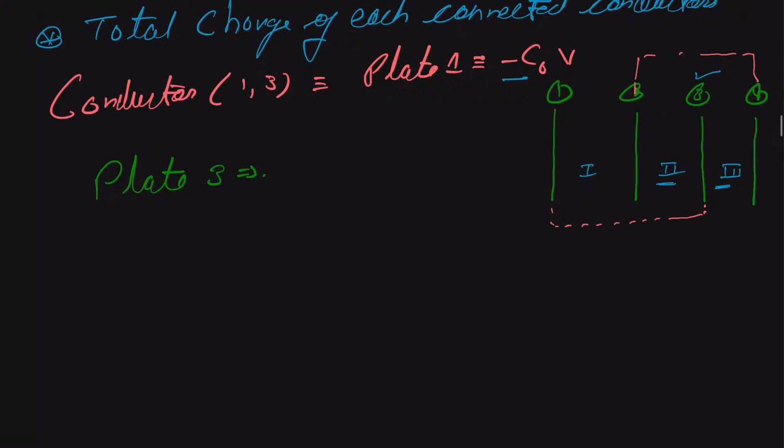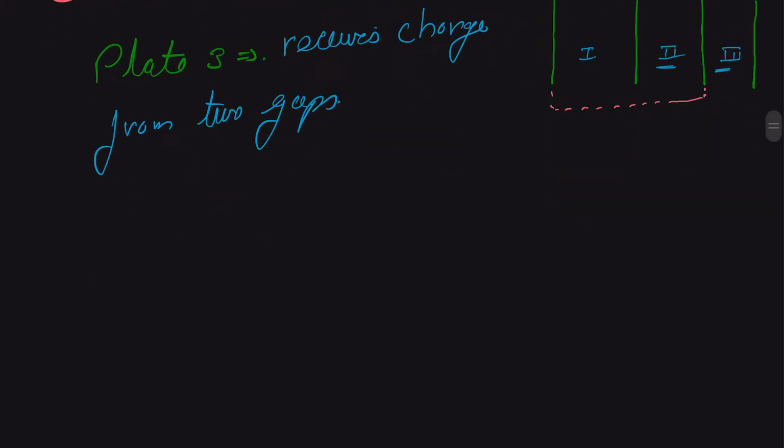So we can say plate 3 receives charge from two gaps. It will be coming from gap number 2 and 3, and this will give us minus C naught times V, and there will be the gap between 3 and 4.